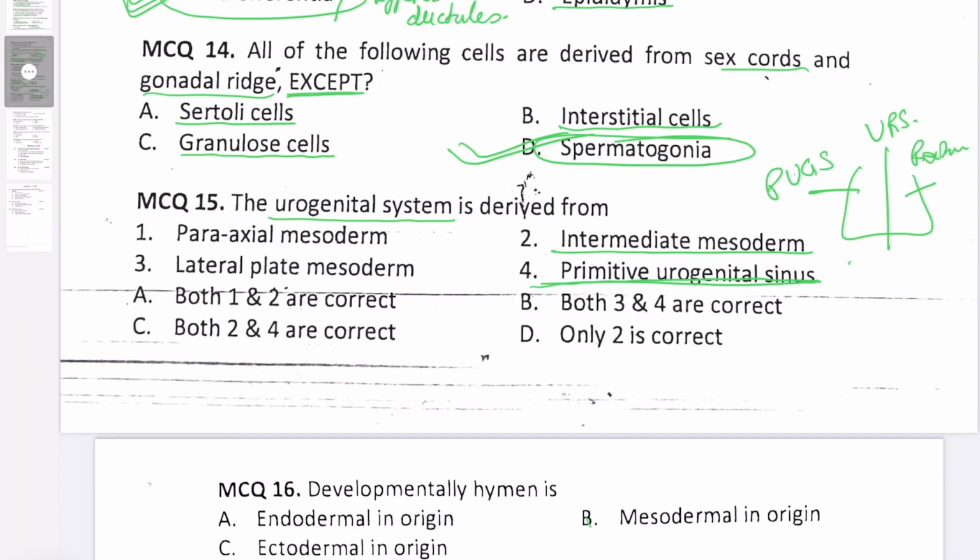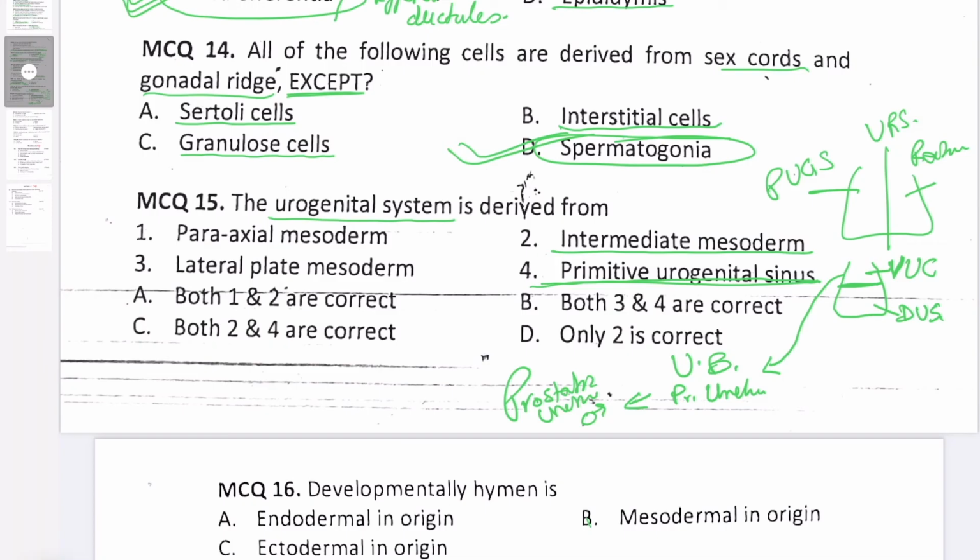The primitive urogenital sinus will now be divided into an upper portion as the vesico-urethral canal, and this is the definitive urogenital sinus. The vesico-urethral canal will form the urinary bladder and the primitive urethra, which will form the prostatic urethra in males and the female urethra. The definitive urogenital sinus will form the pelvic and phallic portion of the male urethra.